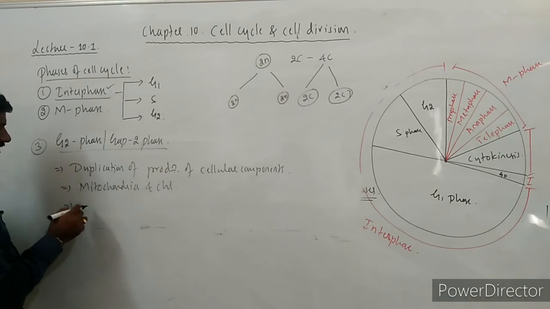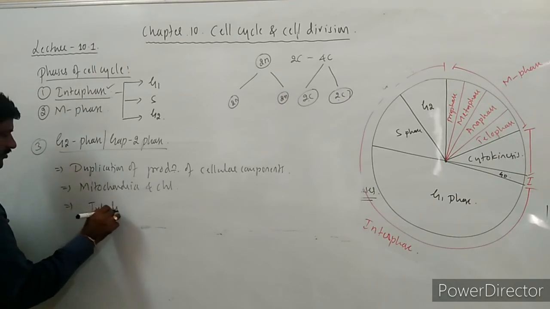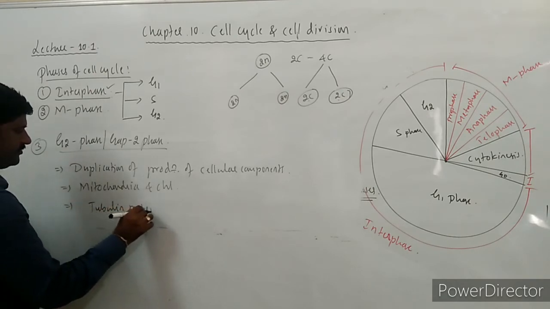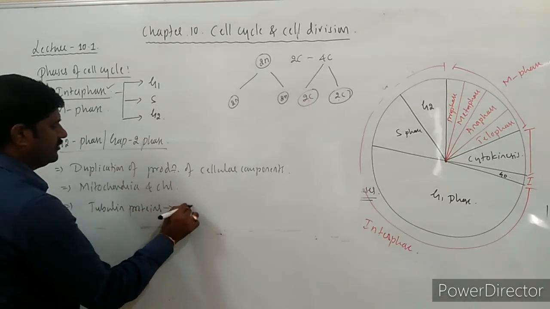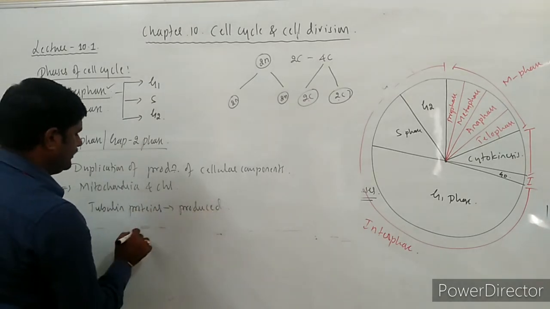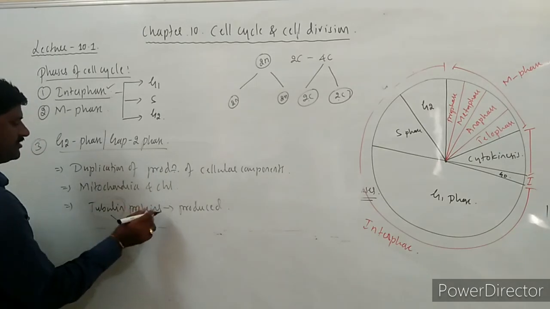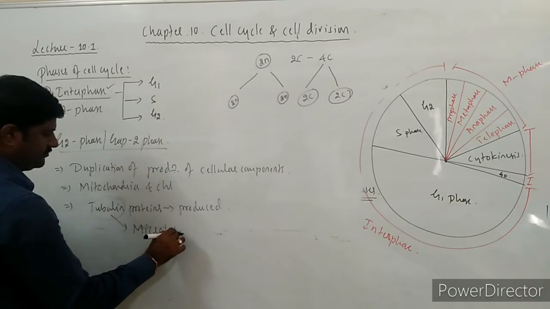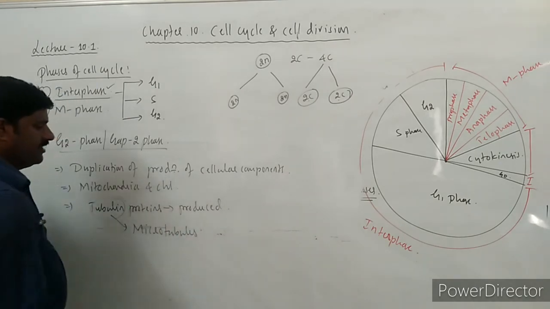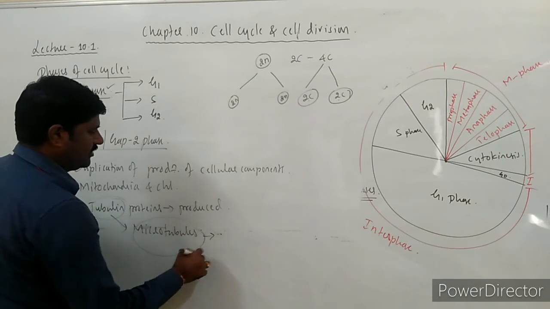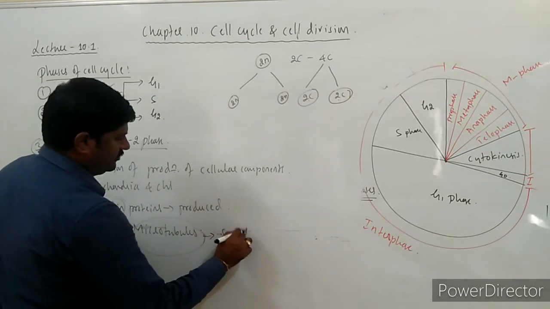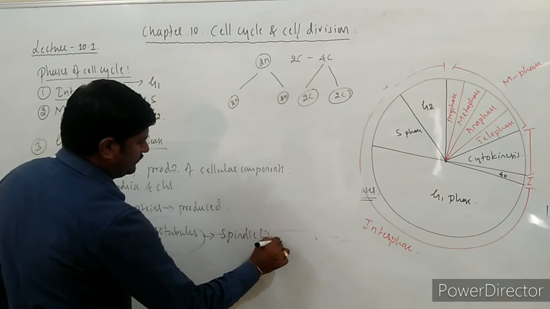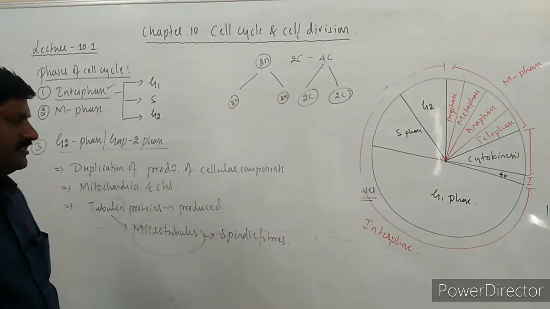Along with this, some other components like tubulin protein are also produced over here, and as a result of this tubulin protein production, microtubules are produced, and these microtubules are going to form spindle fibers.